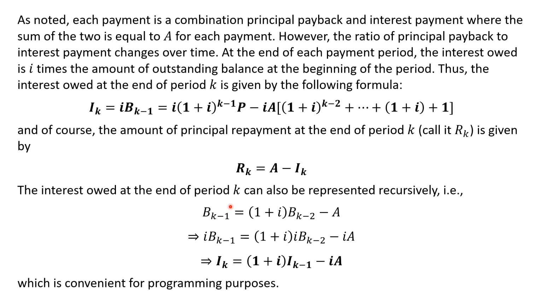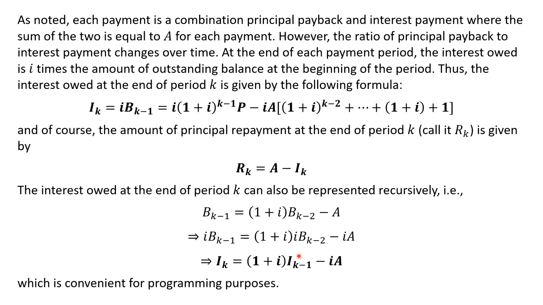We take our formula for B sub K minus 1 that we derived a few slides back. We derived it for B sub K, but we'll just put in K minus 1, so you would have a K minus 2 here. Then you multiply both sides by i, and you notice this is our capital I sub K, and then this i times B sub K minus 2 is capital I sub K minus 1, and you get this recursive formula.